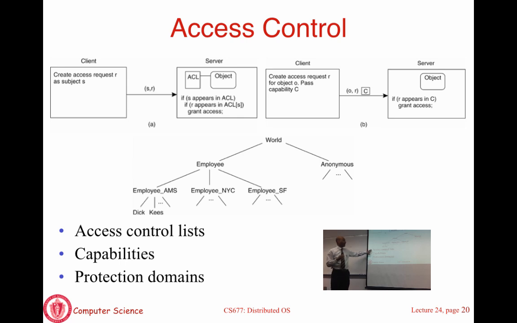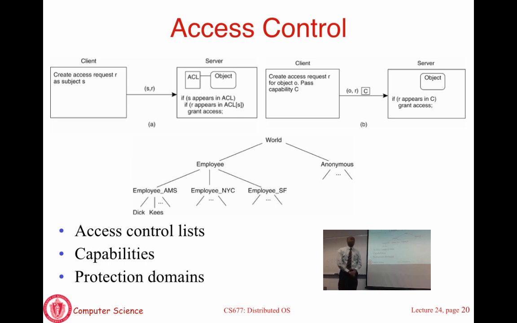You may also have things like access control lists, also called ACLs in distributed systems. So every object, which could be a server, it could be a file, it could actually be an object in the sense of a distributed object, will have with it an access control list.